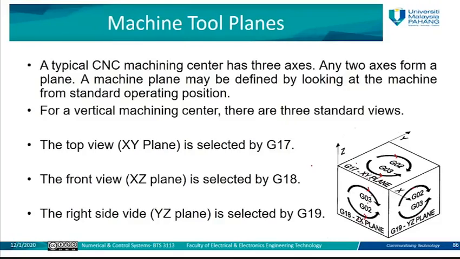So it depends on the plane that the direction of G02 and G03 for circular interpolation is defined. G17, 18, 19 are used to define the plane, the XY plane, the XZ plane, or the ZY plane, that we are going to perform the task on.